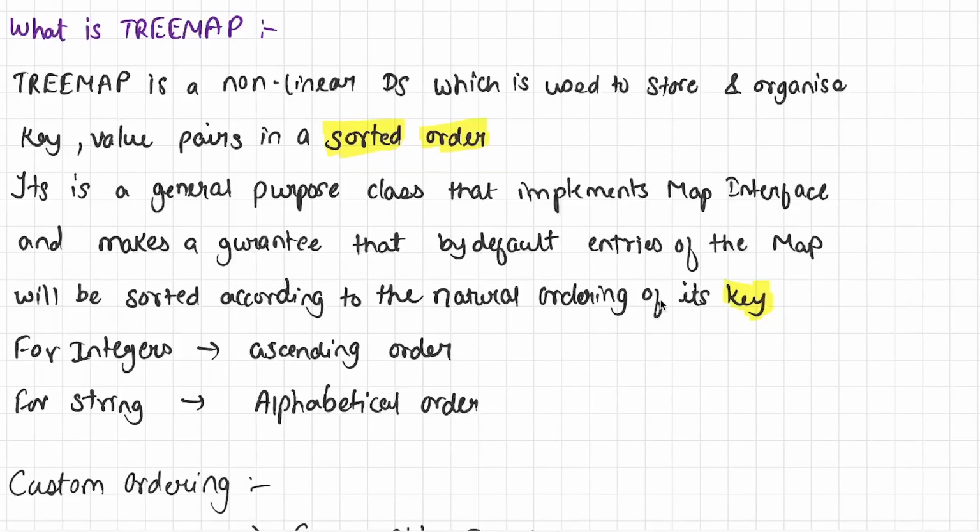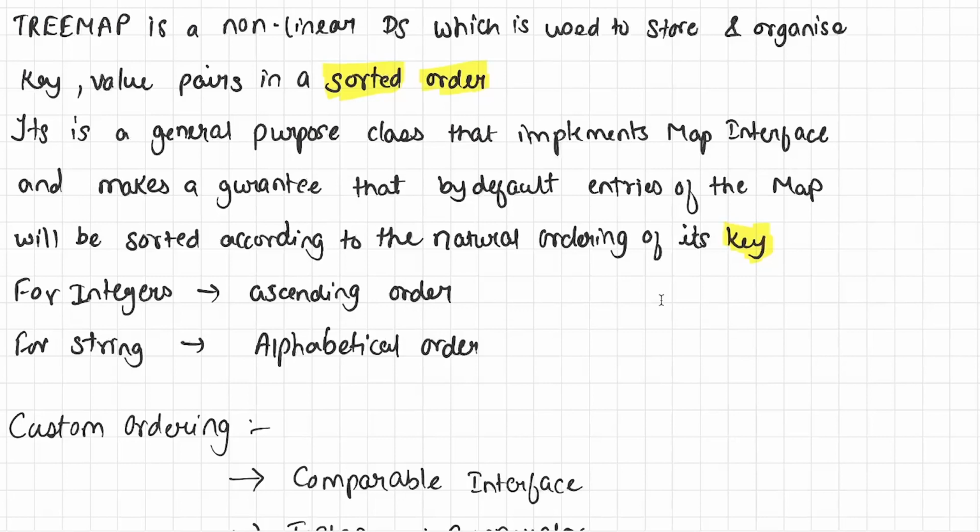So this means all the entries of the TreeMap will be sorted according to the natural ordering of its keys. So for example, let's say if keys are integers, then it will be sorted in ascending order. And for example, if keys are strings, then it will be sorted in alphabetical order.